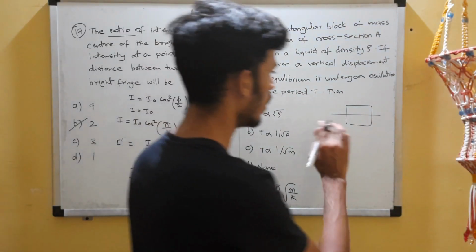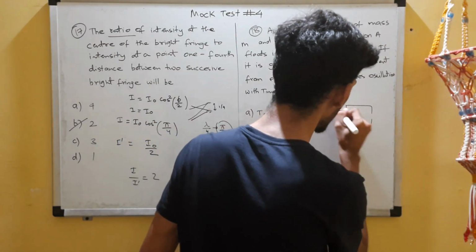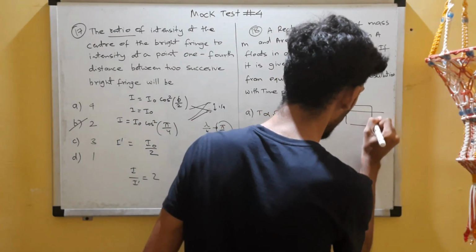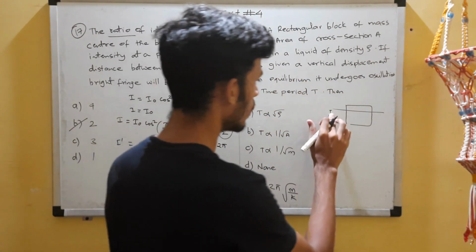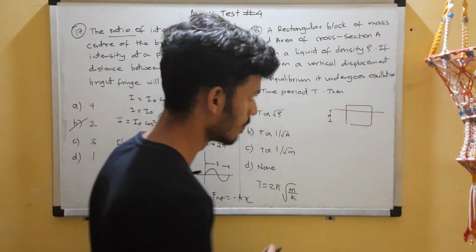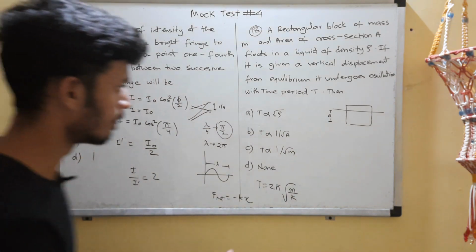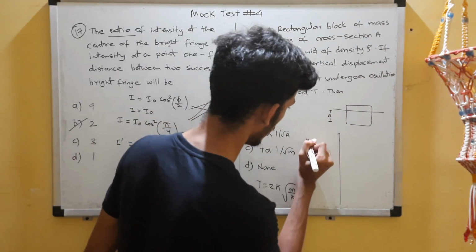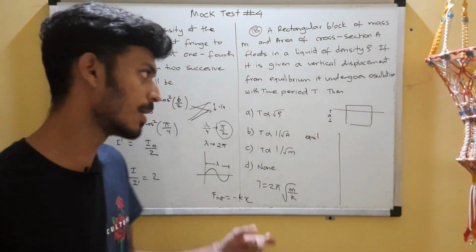First of all, when we displace it, what will happen? Suppose under equilibrium condition, it was immersed to a distance a. So in equilibrium, upthrust is balancing mg.